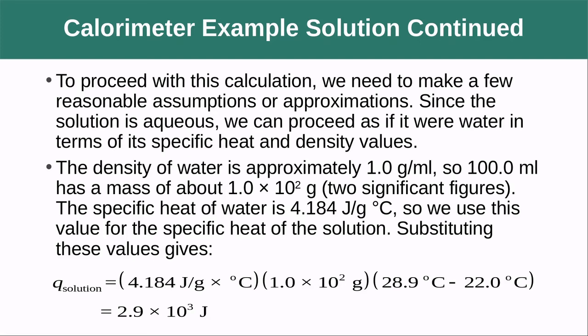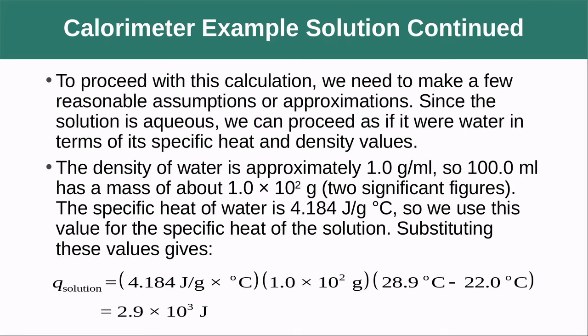We're then going to also make the assumption that those two solutions have a density of about 1 gram per milliliter. So the 100 milliliters that we have altogether, 50 mL of HCl and 50 mL of NaOH, is going to weigh about 100 grams.